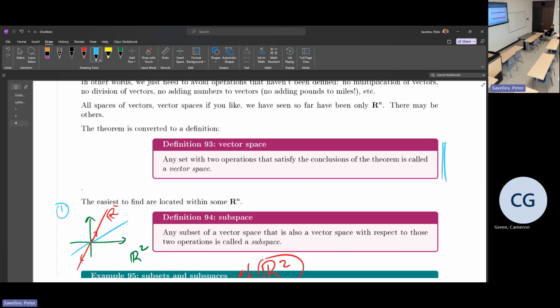Then you go on, and you ask what about the planes? The planes are the coordinate planes in the three-dimensional space. There are three of them, and each of which is a subspace of its own, a vector space of its own. And then you just pick any other plane through the origin, and once again it will be a vector space.